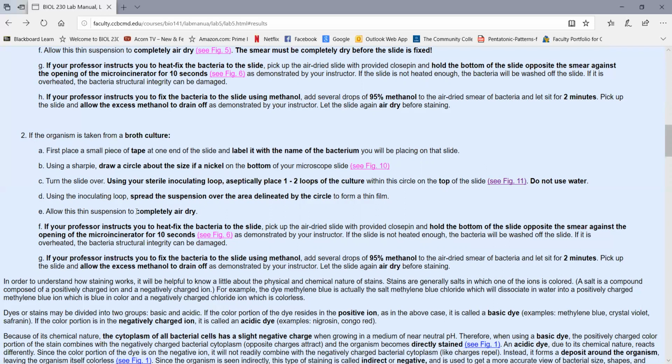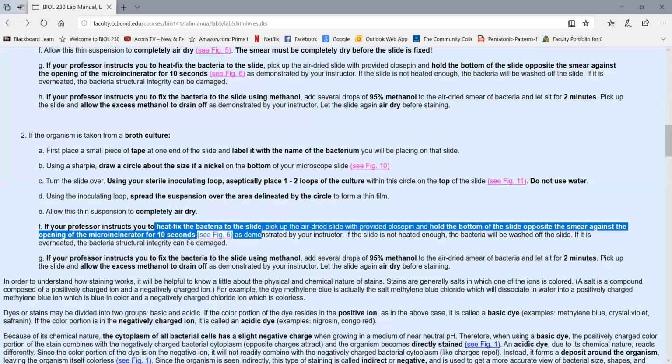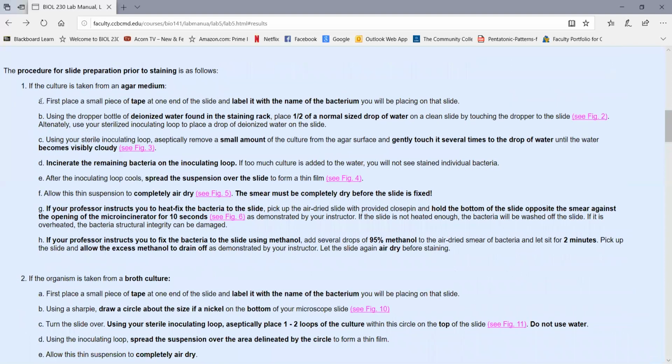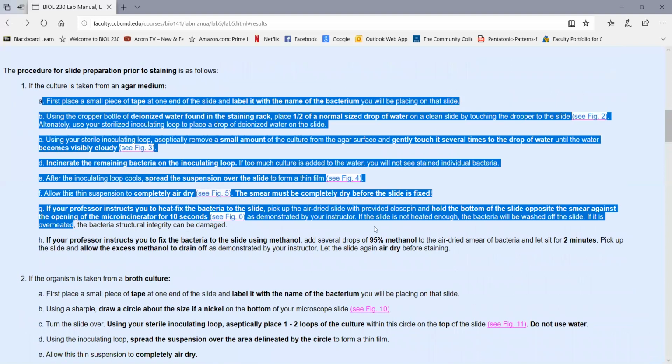Then you have to wait for it to completely air dry, then heat fix by holding the slide bacteria side up for 10 seconds against the micro incinerator. So that's the only real difference if it comes from a broth culture or from an agar plate. But most of the time we're going to take it from an agar plate. And every time I give you a new staining procedure in the next several labs, I'll be repeating this whole fixation procedure for you to follow.